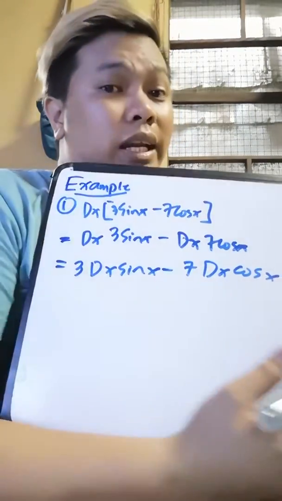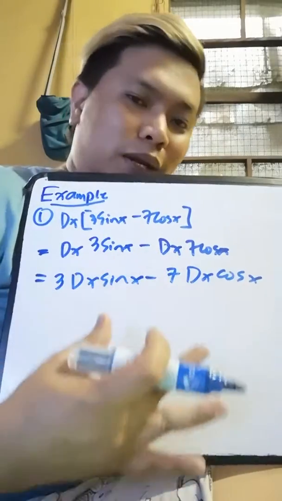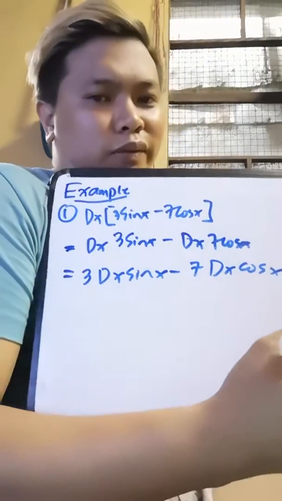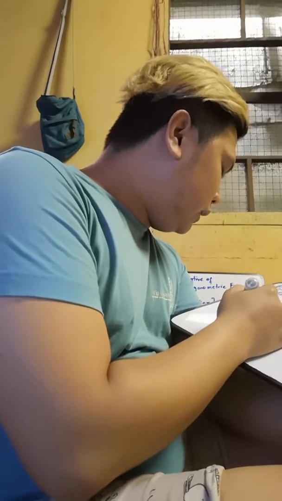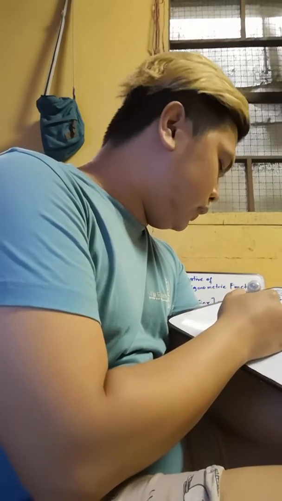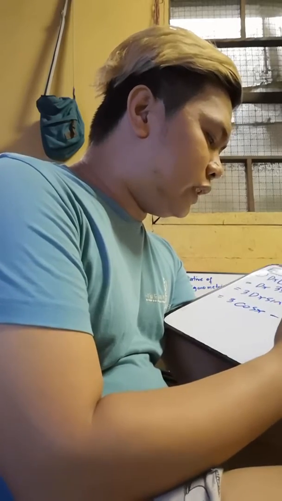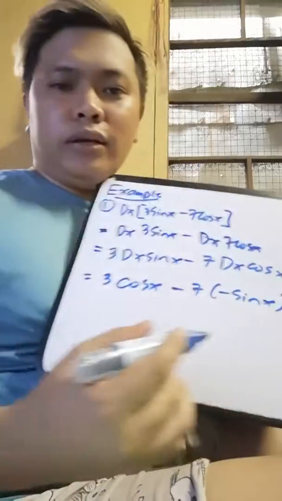Madali na lang ito dahil meron tayong derivative for sine, may derivative tayo for cosine. Apply natin yung rule kanina.